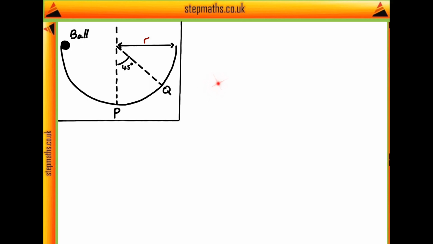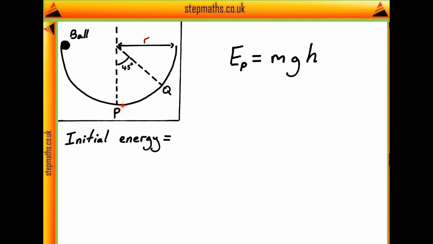Well, generally, it's equal to the mass of the object multiplied by the gravitational field strength multiplied by the height of the object above our 0 point. So if we take the point P to be at 0 gravitational potential energy, then we can find the initial energy of the ball by simply substituting in the height of the ball, which is just going to be r. So the initial energy is just mgr.